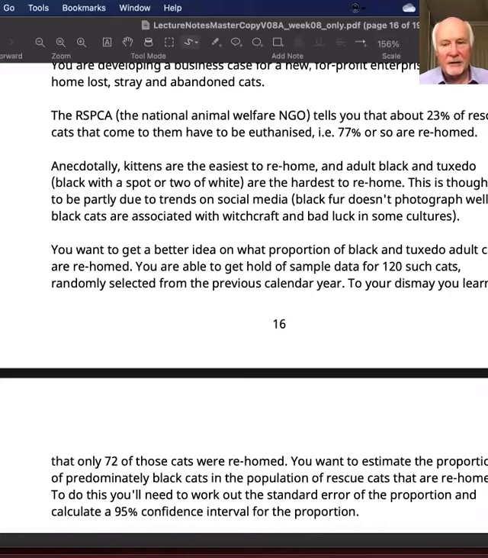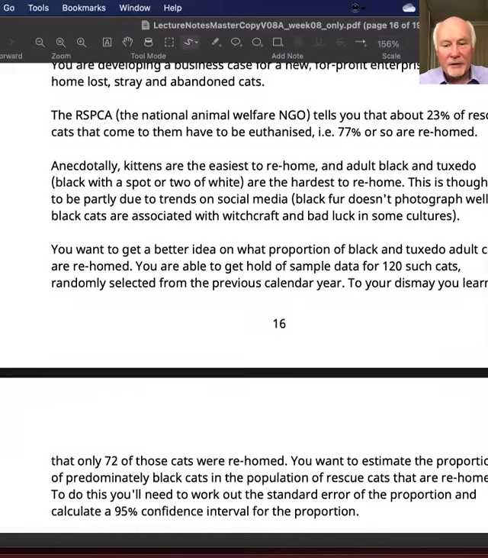Everyone wants to get a cat and take selfies with it, and take pictures of it and put them on Instagram and TikTok and whatever. And the problem with black cats is they're very hard to photograph well. Black fur doesn't photograph well with phones, and in some countries black cats are associated with witchcraft and bad luck and so on. So that's just anecdotal stuff.